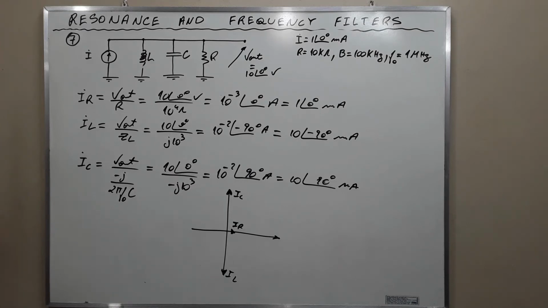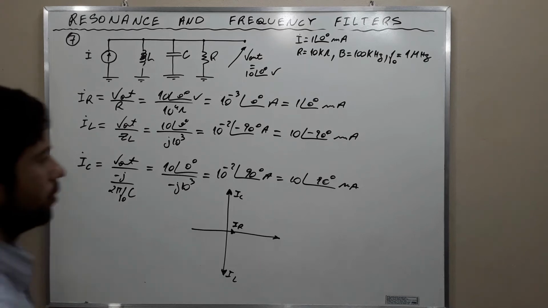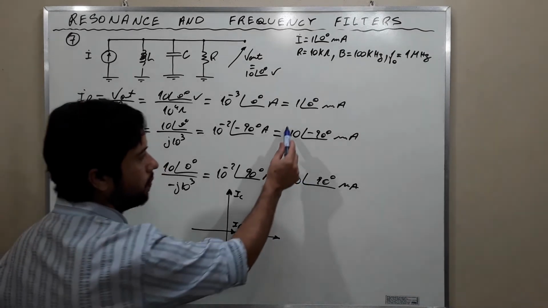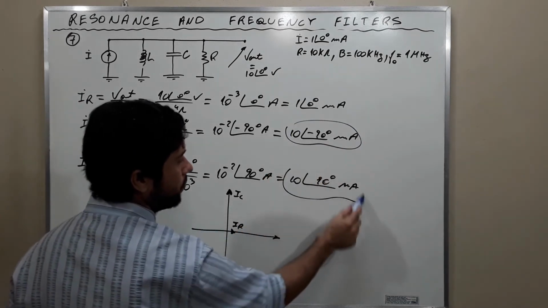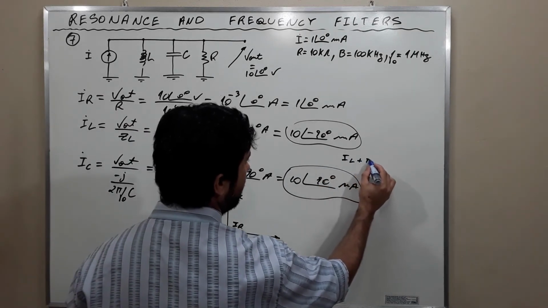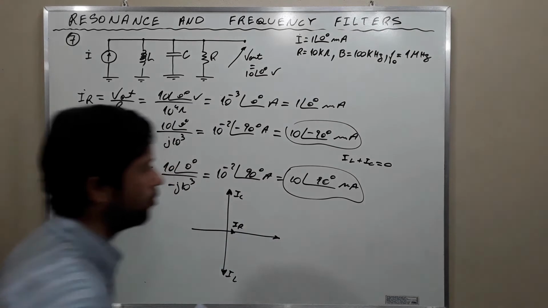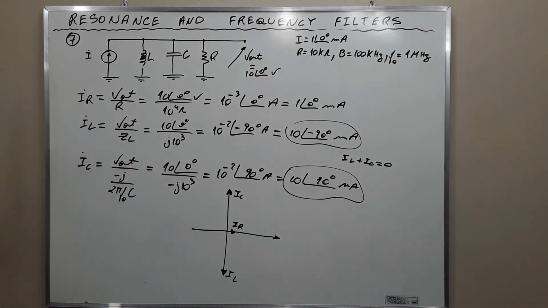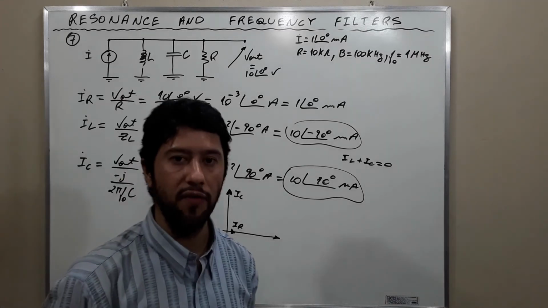However, as they cancel each other out, it is obvious here that IL plus IC is equal to 0. Observe that as they cancel each other out, KCL is satisfied. Alright? And my friends, this is all for exercise 7.